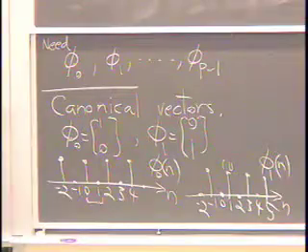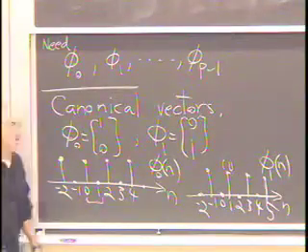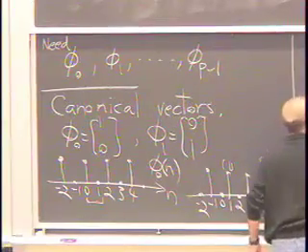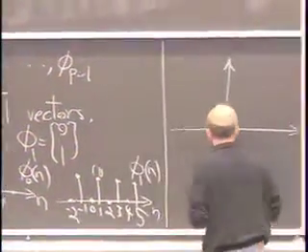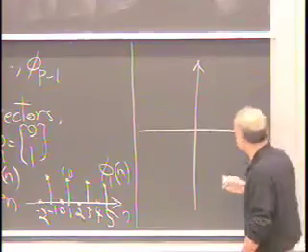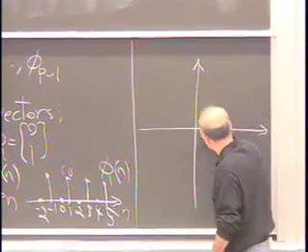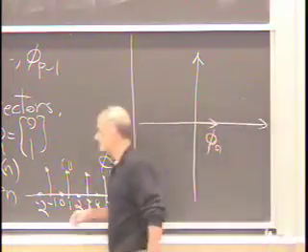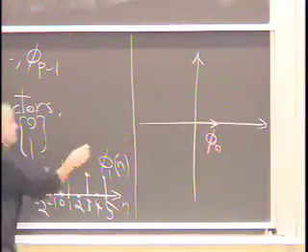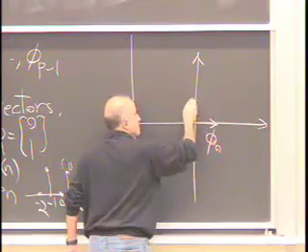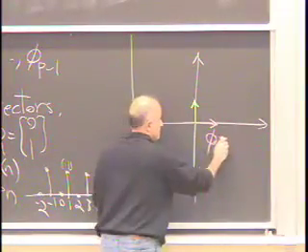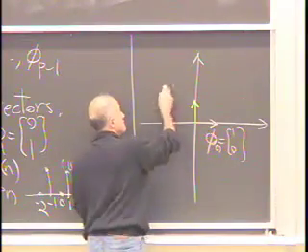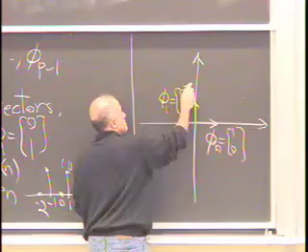And we gave this whole thing a geometric interpretation in two-dimensional space. So we looked at the two-dimensional space, and we had the first canonical vector, phi 0, which was 1, 0, and the second canonical vector, phi 1, which is 0, 1.